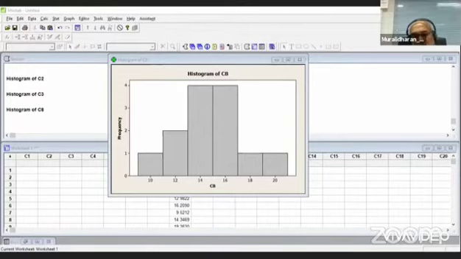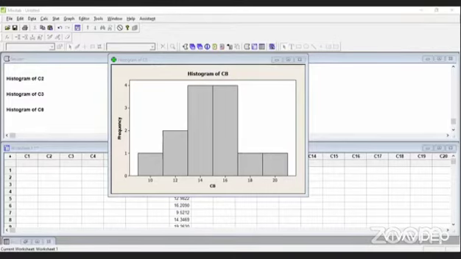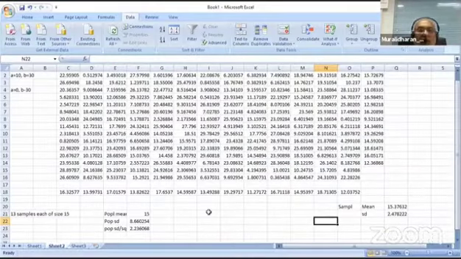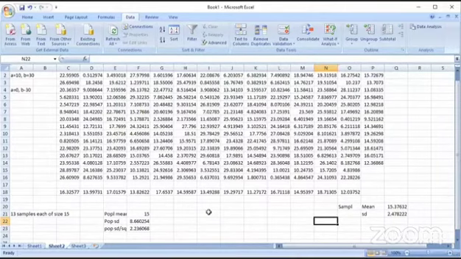Let me share the Excel file again. Thanks for reminding. Thank you very much, madam. Can you now see the Excel file? Yes, sir.